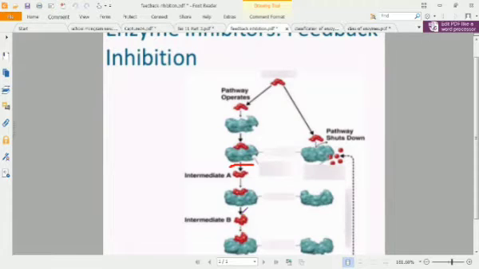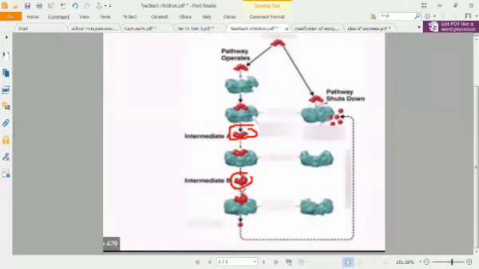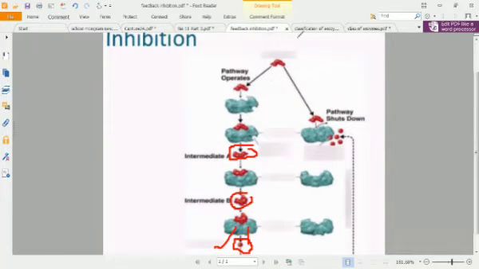Here can be the intermediate product, which is handed over to another enzyme, and that produces another intermediate product, which then binds to another enzyme and makes the final product. If they are in more quantity, these products again bind with enzyme number 1 at the allosteric site, so that shuts down the pathway of production of this product. So this regulates the activity of enzyme actions.